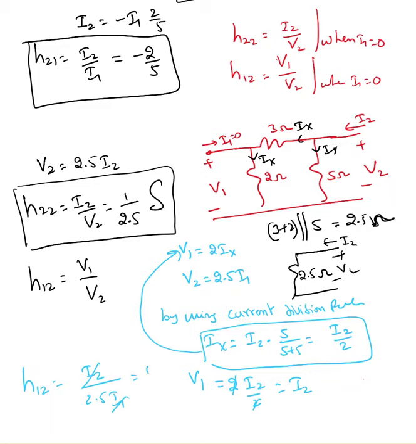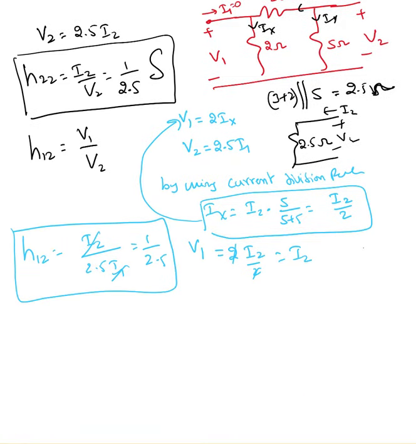These two get cancelled out, so h12 equals 1 over 2.5. So here are the h parameters I have: h11, h12, h21, h22. h12 is 1 over 2.5, which is nothing but 0.4.